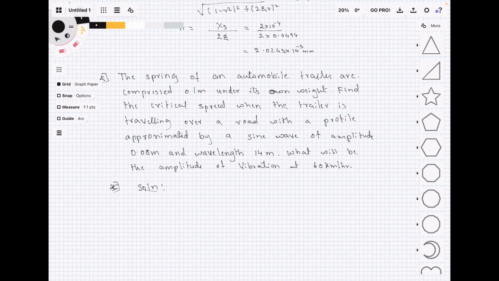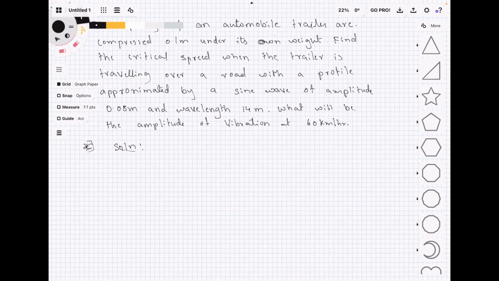So what they have asked is, there is an automobile trailer. Because of its own weight, the spring gets compressed by 0.1 meter. Find the critical speed when the trailer is traveling over a road with a profile approximated by a sine wave of amplitude 0.08 meter and wavelength 14 meter. So the vehicle is traveling over a profile like this.